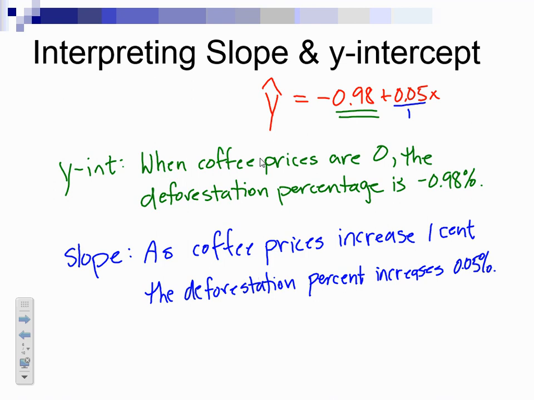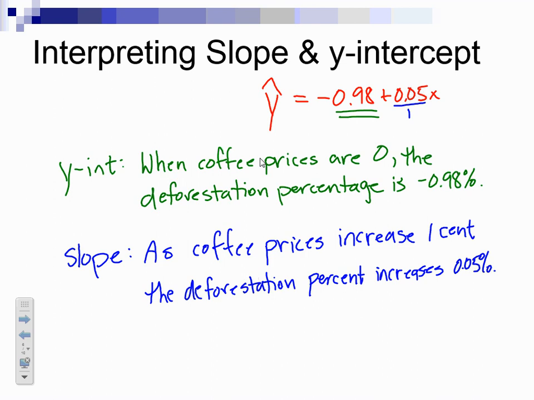Now, the ability to interpret the slope and y-intercept in the context of a problem is going to be extremely important and something that I expect you to do. And on the AP Stats test it is very important as well. The whole point behind this is statistics is not just numbers. It's not just a negative 0.98 and 0.05. Statistics is what do those numbers mean and what do those numbers tell us in the context of the problem. That's what our interpretation is explaining.